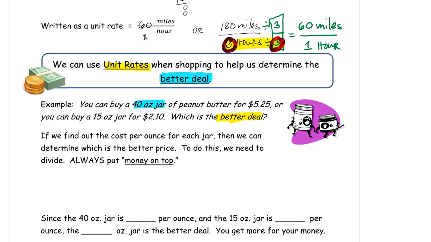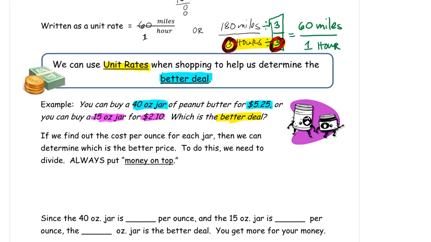So the first rate is given as 40 ounces for $5.25. The second one is 15 ounces for $2.10.